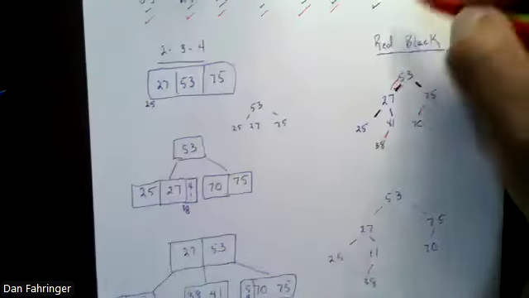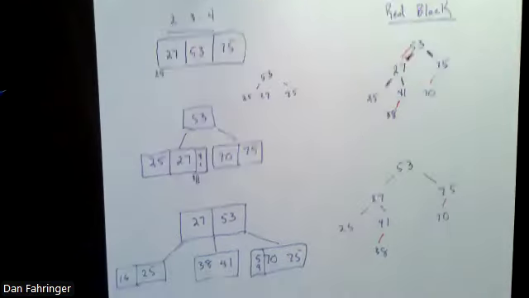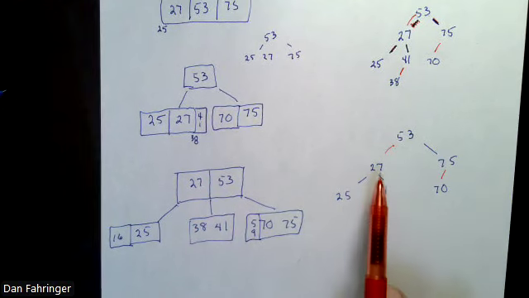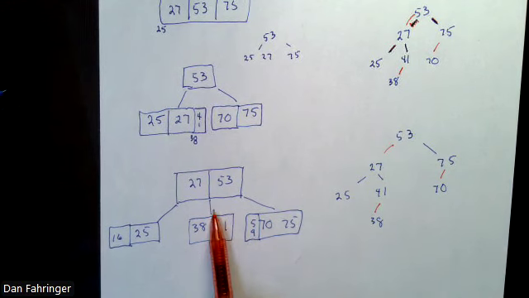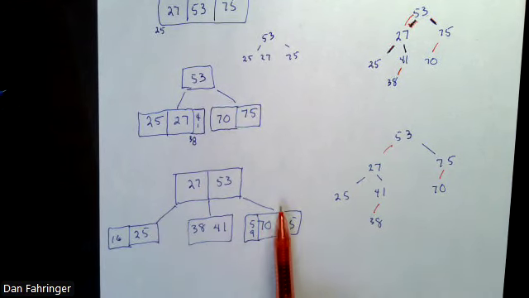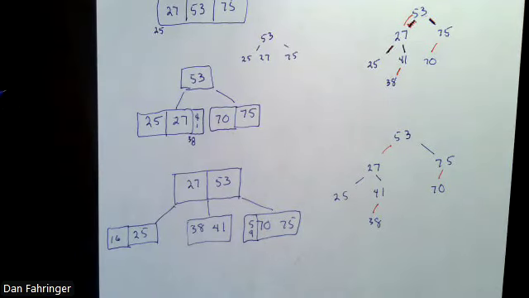I just added 38. Let's see, 27 and 53, good. 38 and 41 are happy. This guy matches this guy. This line from 25 to 27 is here. And this line is there.